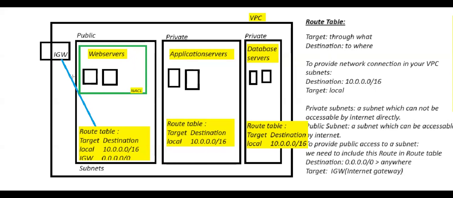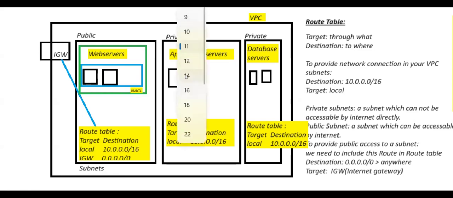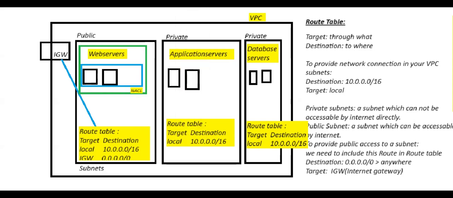Now let us see about instance level security. You can see we are having these instances, right? These are my instances or servers. If I want to provide server level security or instance level security, is there any option available in AWS for me? The answer is yes.